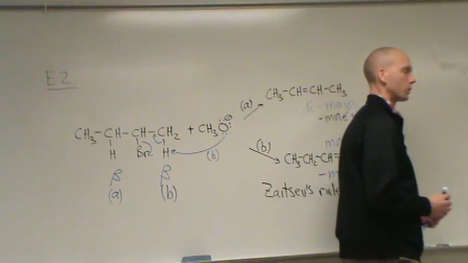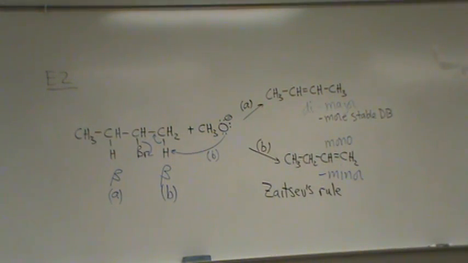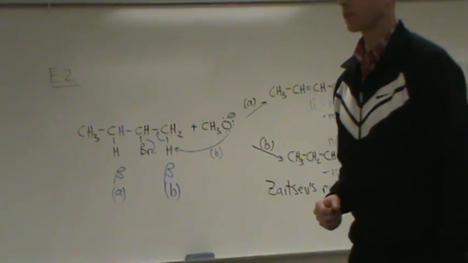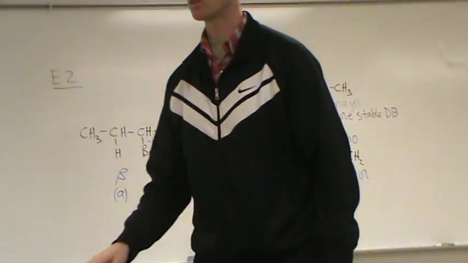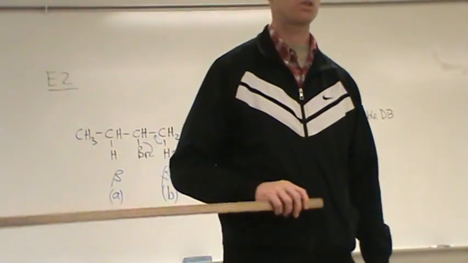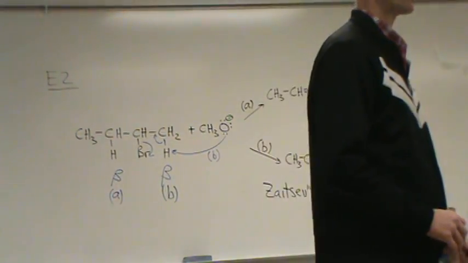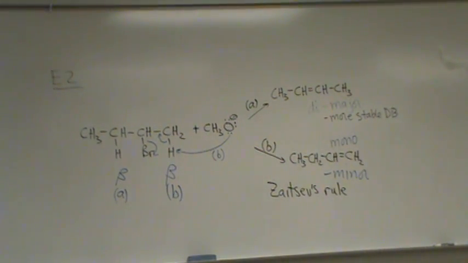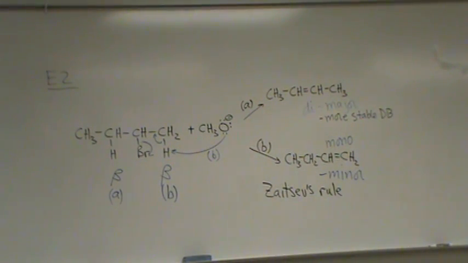That's called Zaitsev's rule. I will repeat this rule two times, so you have two chances to write it down. Though you can already write it down, as we've already stated. Here we go.